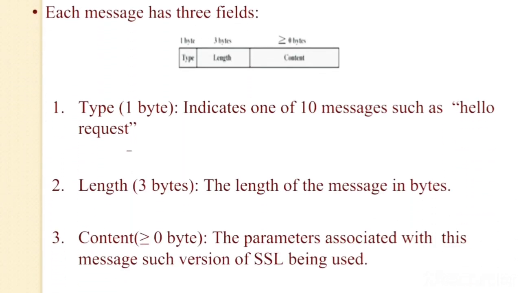Basically, this protocol has 3 fields. The first is type, 1 byte, which indicates one of 10 messages such as hello request. The second is the length, 3 bytes, the length of the message in bytes. The third field is the content, greater than or equal to 0 bytes, the parameters associated with this message, such as the version of SSL being used.